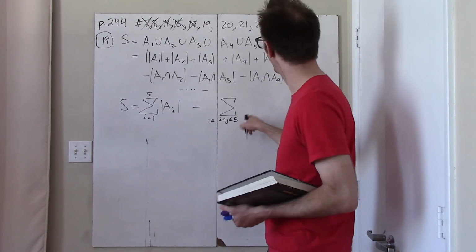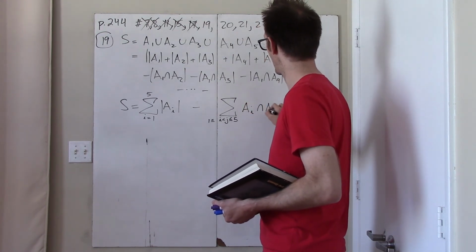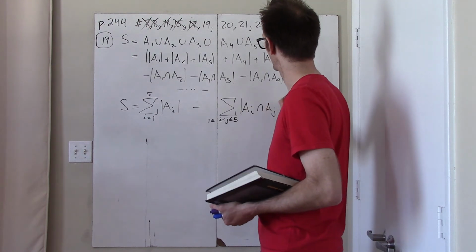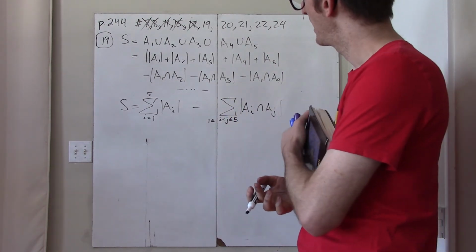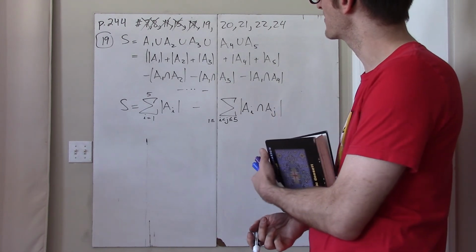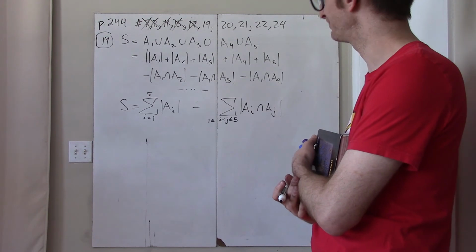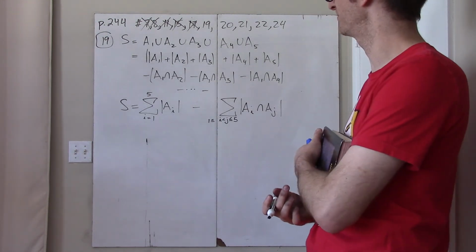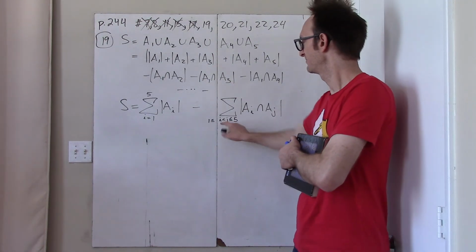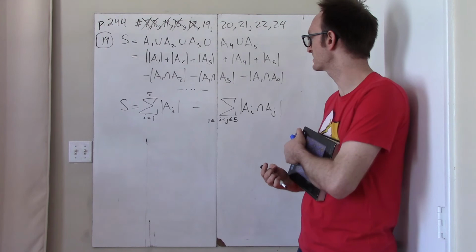Fancy. Of A_i intersect A_j, ka-cha, ka-cha. And so what we're doing is we're taking every pair of numbers between 1 and 5, where one number is definitely larger than the other, and taking their intersection, and this is the inclusion-exclusion.